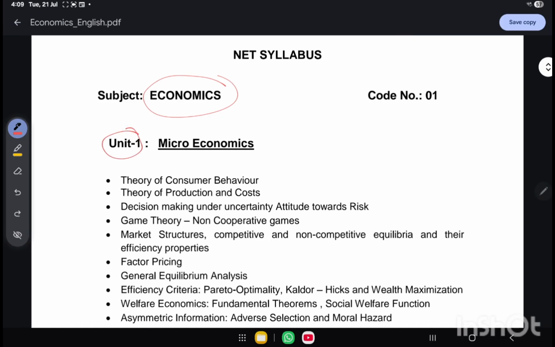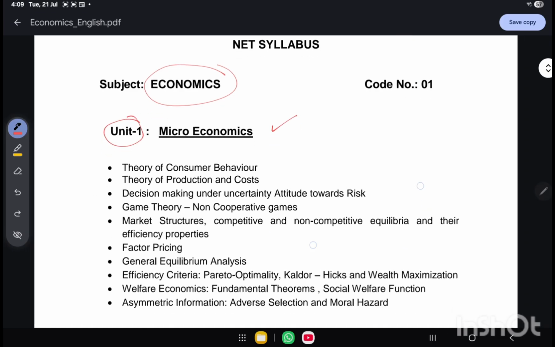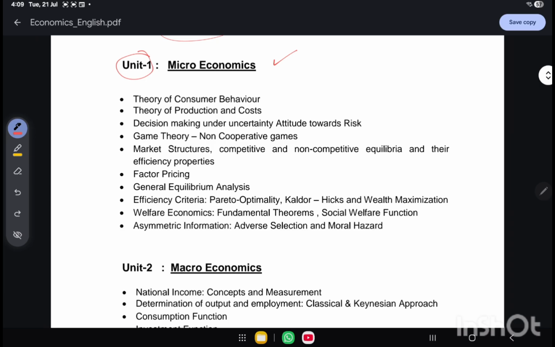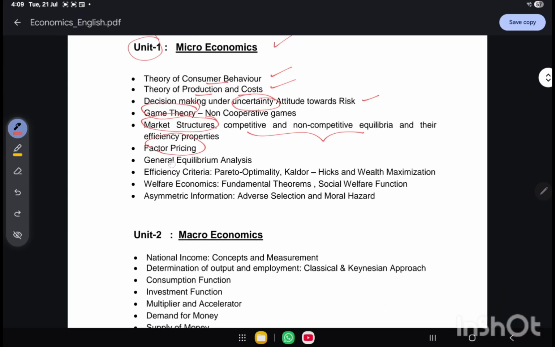In Unit 1, you have microeconomics, where you're going to study the theory of consumer behavior, theory of production and cost, decision making under uncertainty, attitude towards risk, and game theory related to market structures, competitive and non-competitive equilibrium, factor pricing, general equilibrium analysis, and the efficiency criteria.